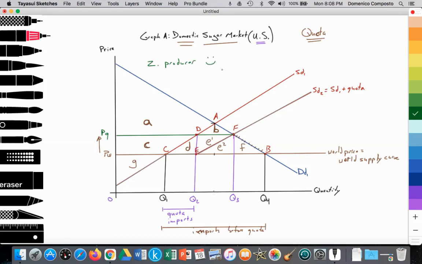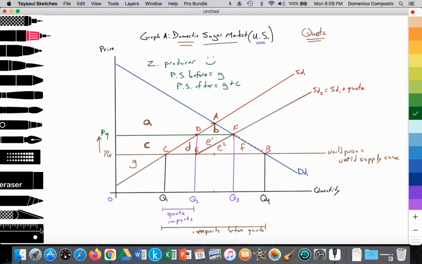They are better off because their producer surplus before the quota was equal to area G. And then the producer surplus after the quota is equal to areas G plus C, we can say. It's equal to areas G plus C. Another way of visualizing this, there's two ways, but that's probably the easiest way.